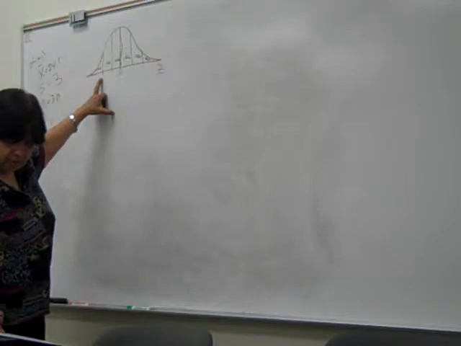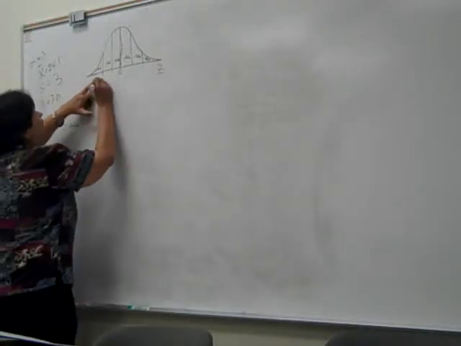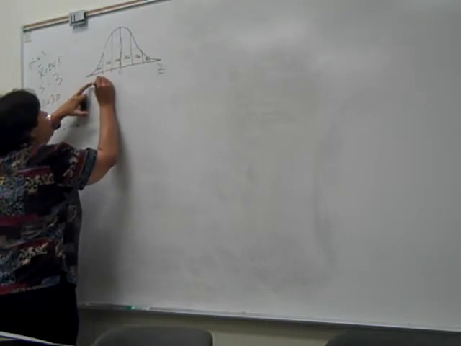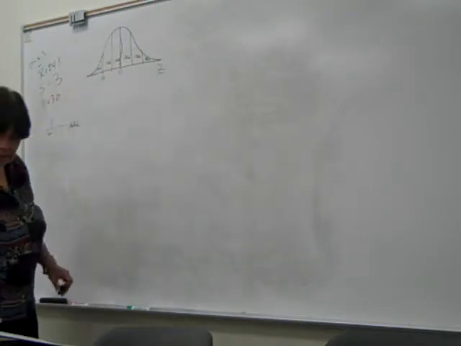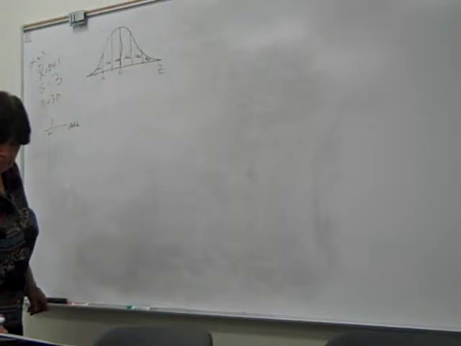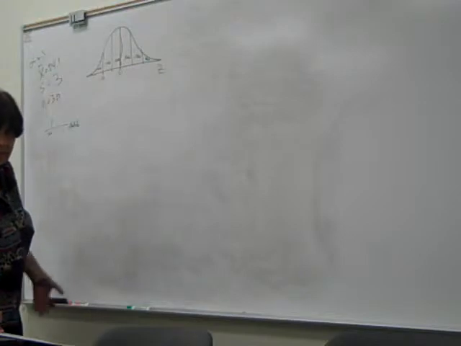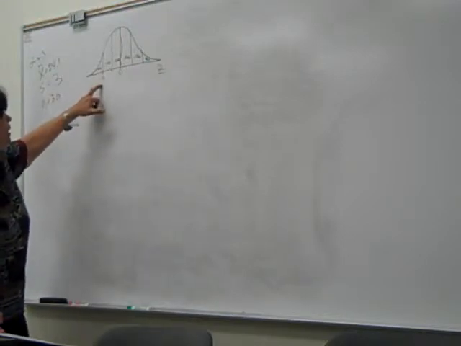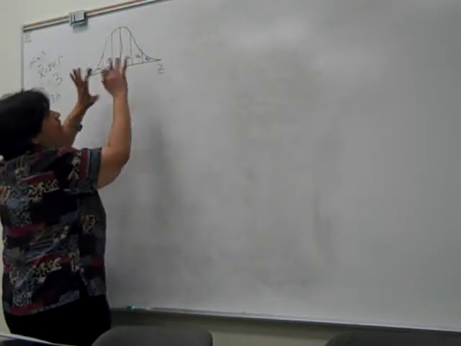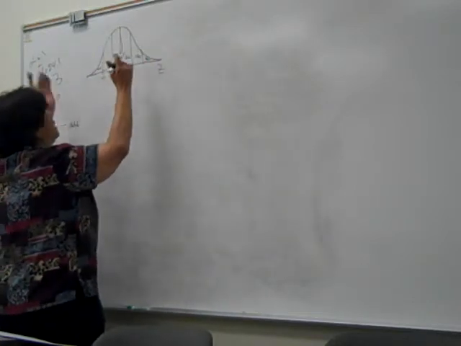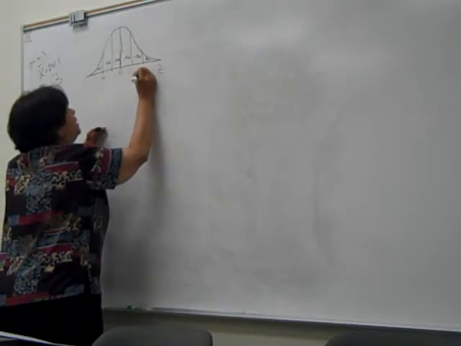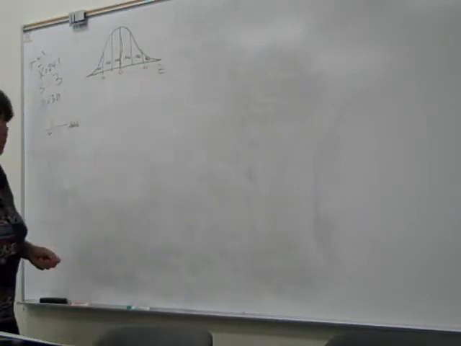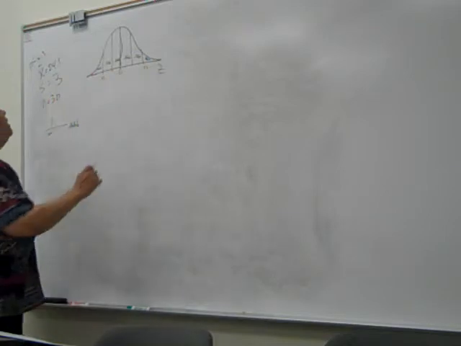The closest is negative 0.97, because this is 0.1660. That's the closest. So we have negative 0.97, and since this is a symmetrical distribution, and this is half and this is half, this is the positive 0.97. Now, this part over here is what?